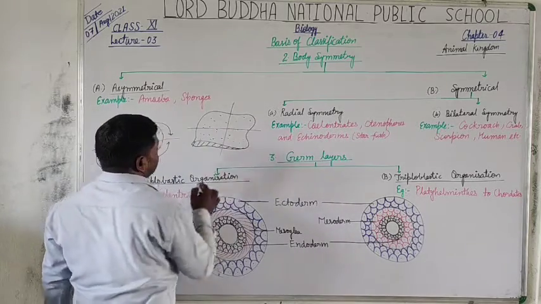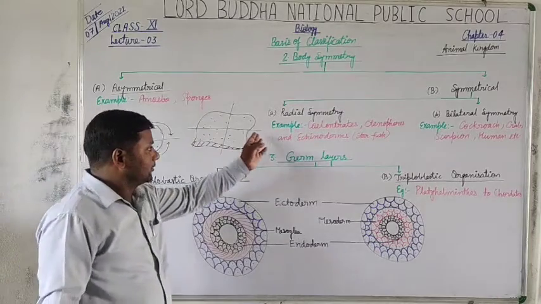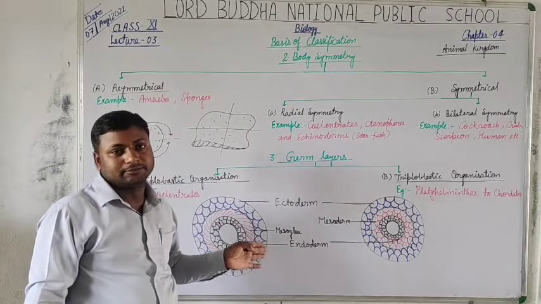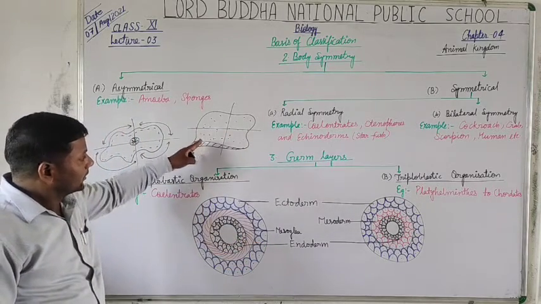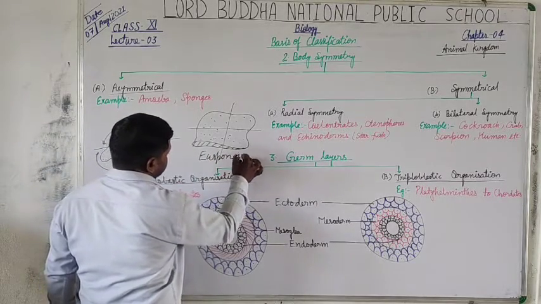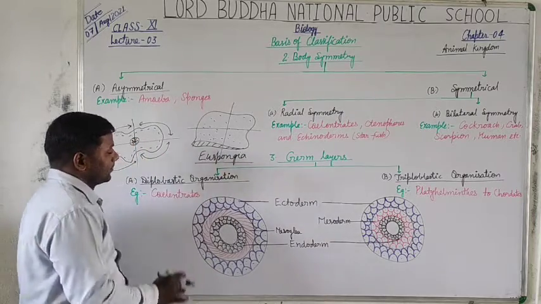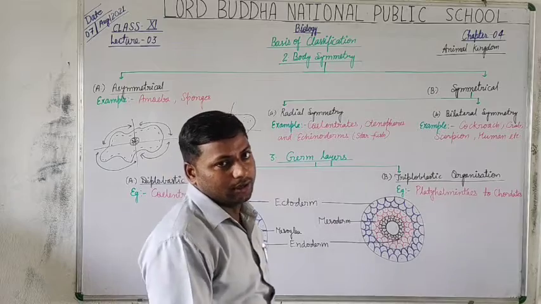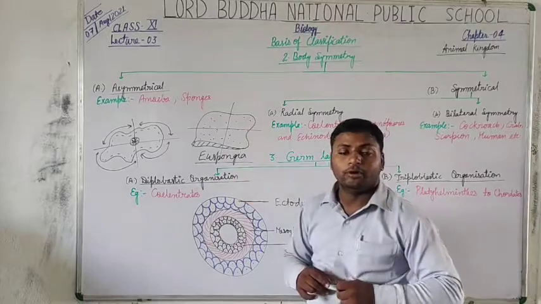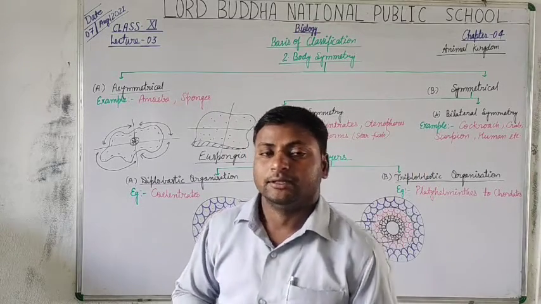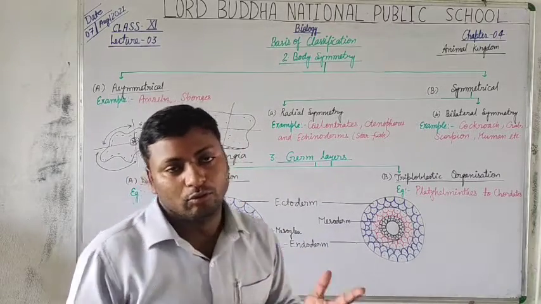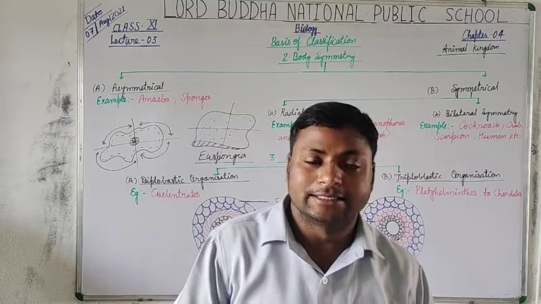How can we divide it on any plane, vertically or horizontally? We cannot divide the body of Euspongia, the true bath sponge, into two or more equal halves. Such a kind of body symmetry is called asymmetry, and this is found in organisms or animals which have no particular shape and size.